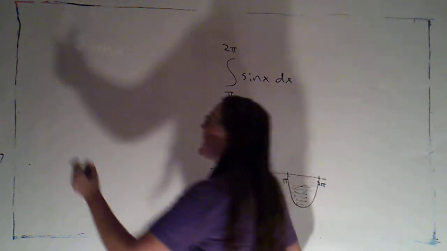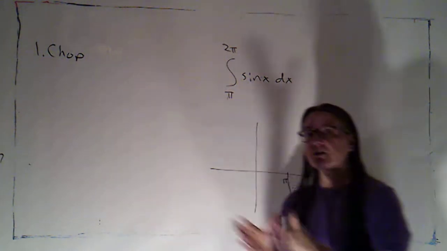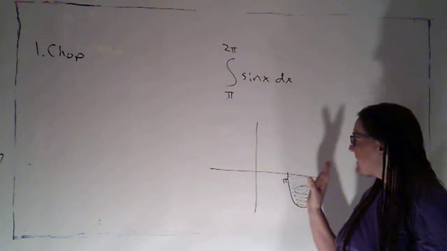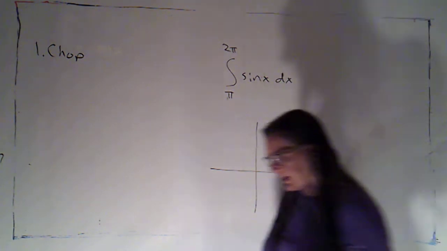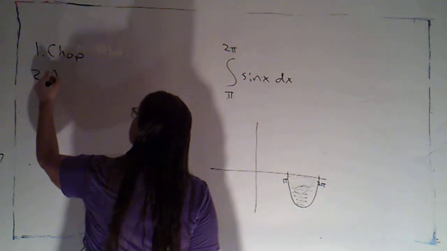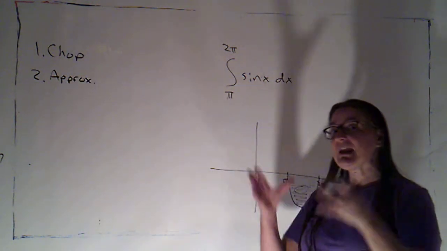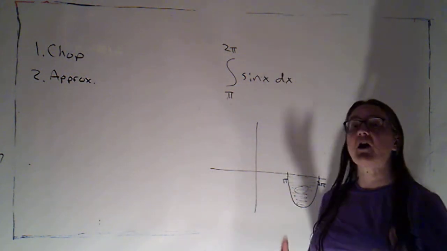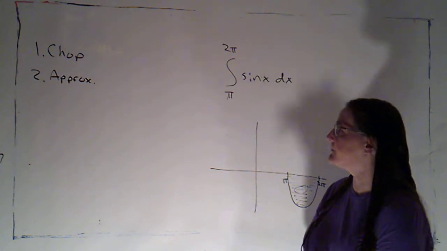So the basic idea is that I'm going to chop. So I'm going to chop my interval up into little pieces, and that will induce a chopping of the area into little strips of area. I'm going to approximate. Now, instead of approximating the area of each piece, I'm going to be approximating the signed area of each piece.